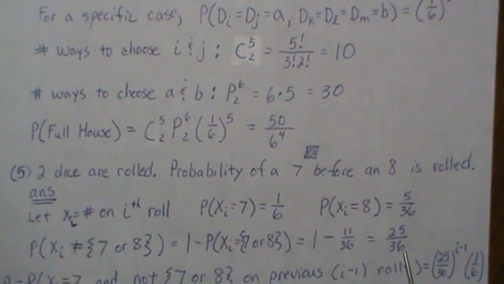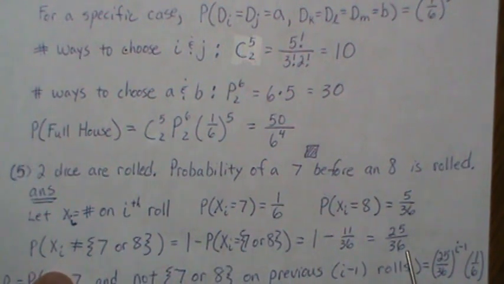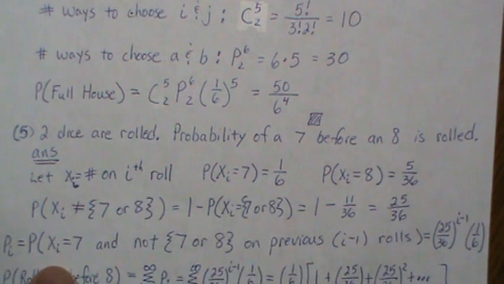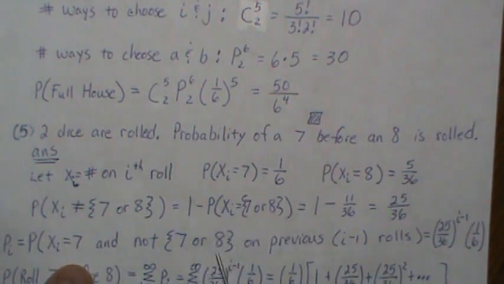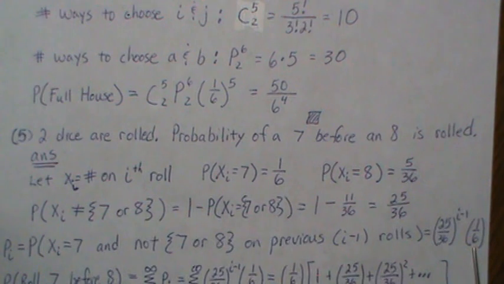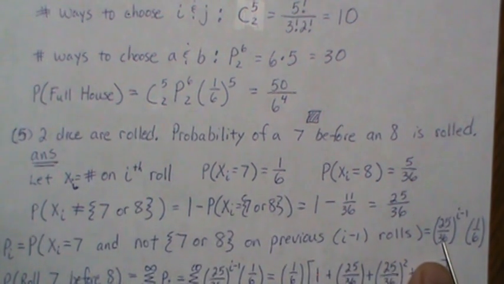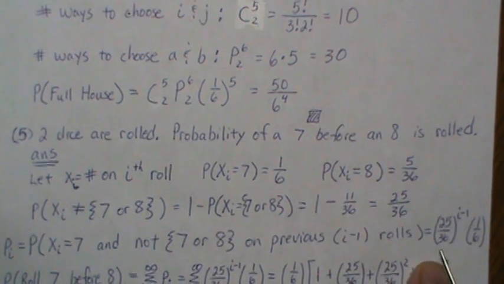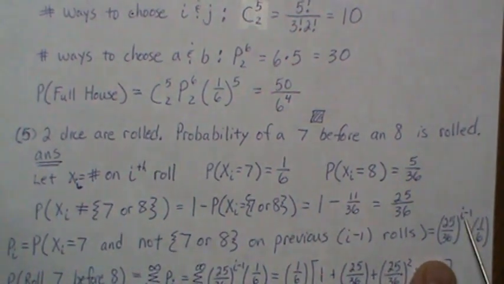So that's 25 over 36, the probability that we do not roll a 7 or an 8. Now, the probability on the ith roll that we roll a 7 and not a 7 or 8 on the previous i minus 1 rolls is this, right? So the probability that we don't roll a 7 or 8 on the previous rolls is 25 over 36 raised to the i minus 1.